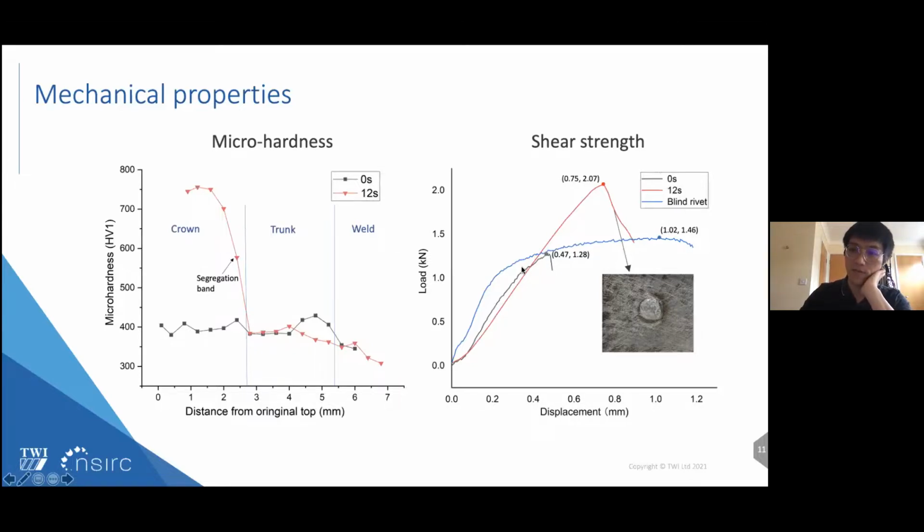For the original rivet, it shows a similar maximum load to the comparative blind rivet. But after the post-wash, because the welding condition is improved, it shows a much higher maximum strength than the original one, almost doubled.